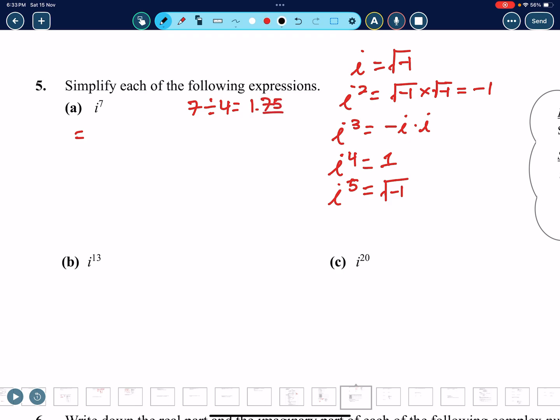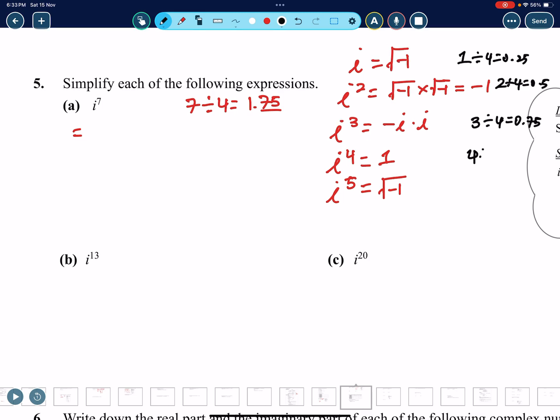Now .75 is the third one, because this one is power 1, right? 1 divided by 4 is 0.25. And then 2 divided by 4 is 0.5. Then 3 divided by 4 is 0.75. Then we have 4 divided by 4 equals 1.